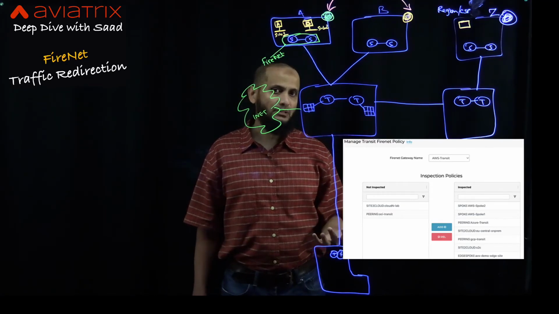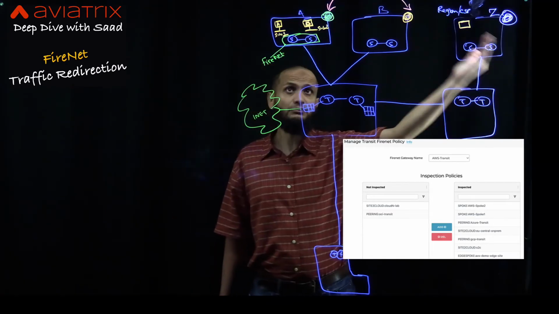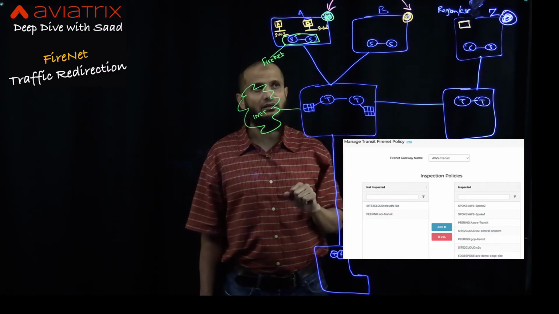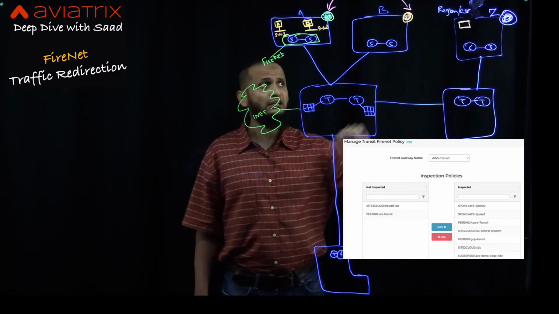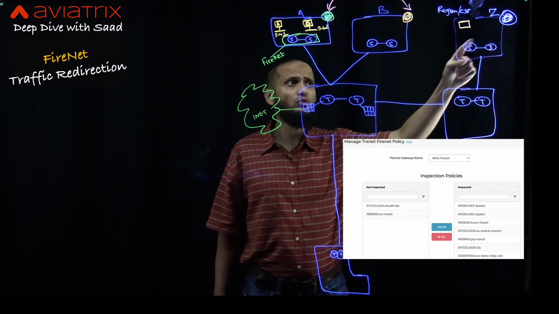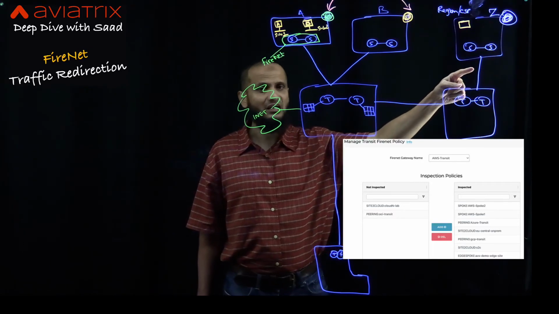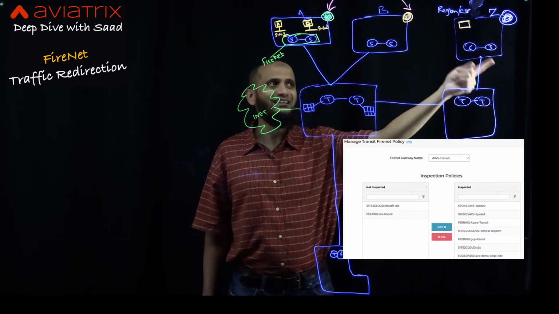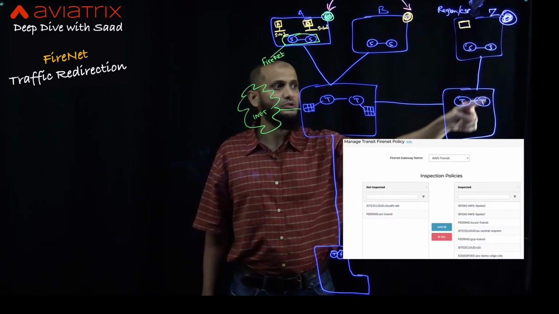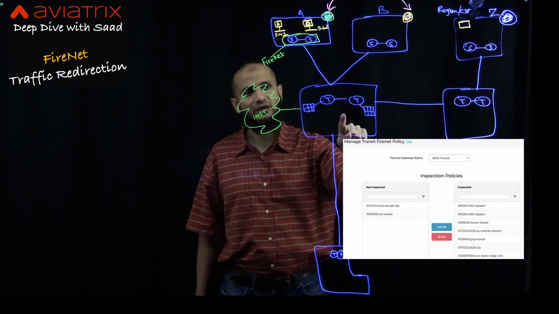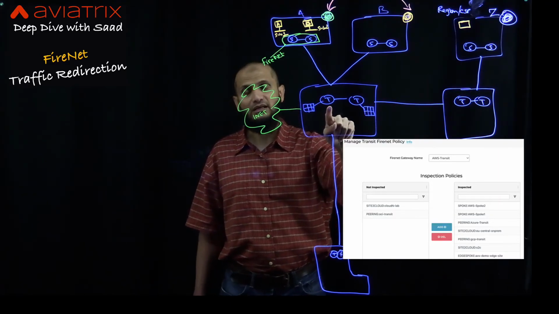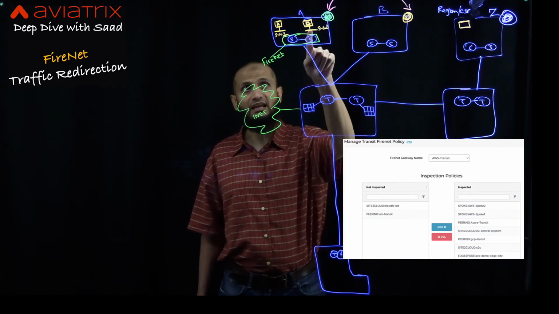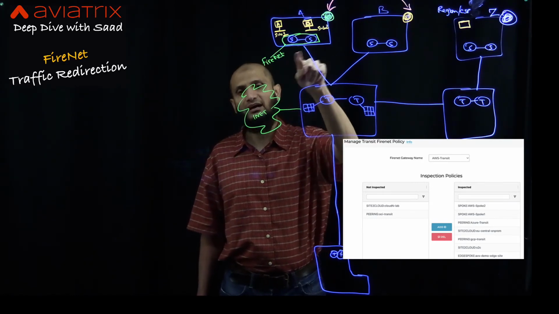So what is going to happen when Z is communicating with A? At this point, even though Z spoke gateways are not in any kind of inspection policy, even at that point, traffic goes through its own transit, comes to this transit. Once the traffic gets here, it knows the destination of this traffic is A, which is in the FireNet policy.